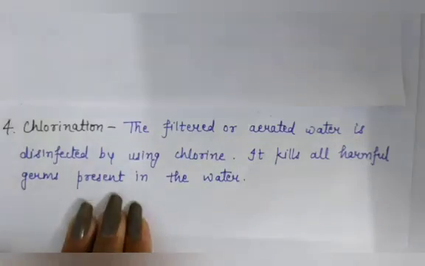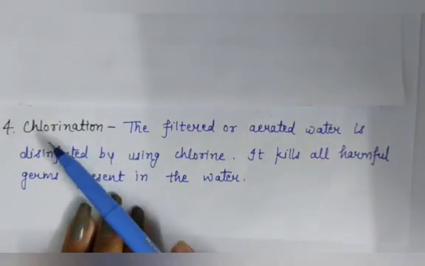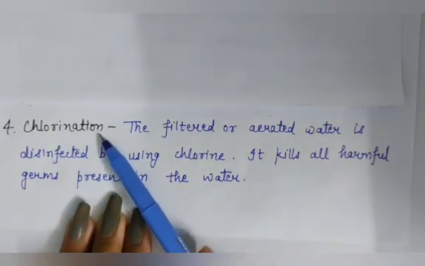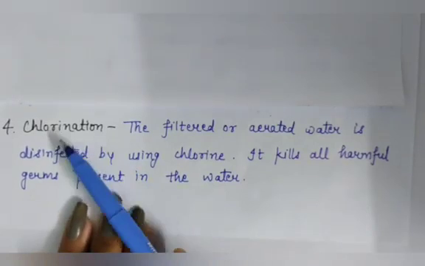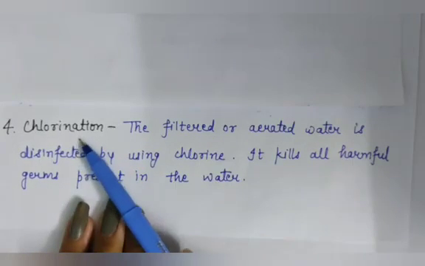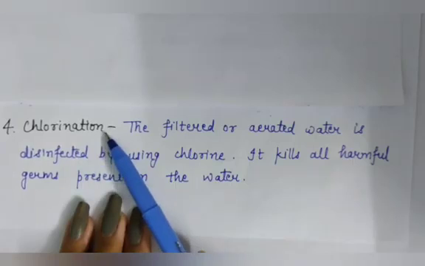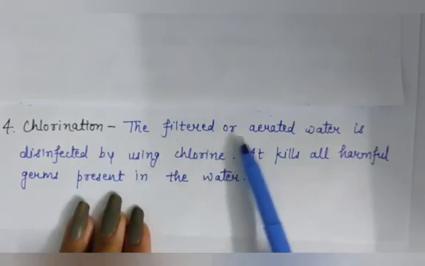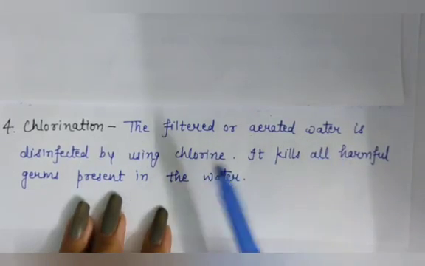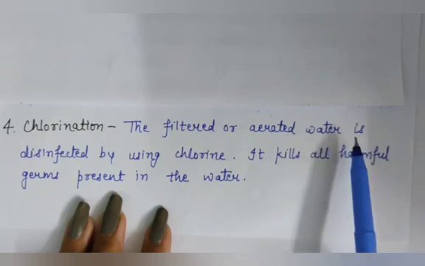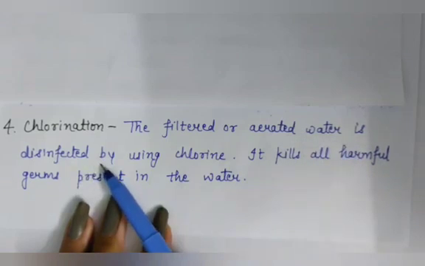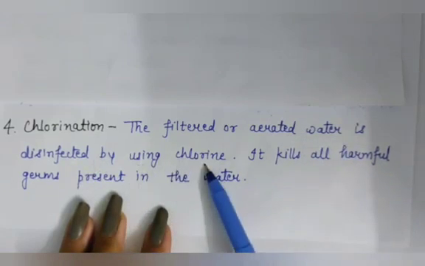Okay. Now next step is chlorination. We have already discussed what is chlorination? Adding of chlorine tablets into water. So the filtered or aerated water is disinfected by using chlorine.